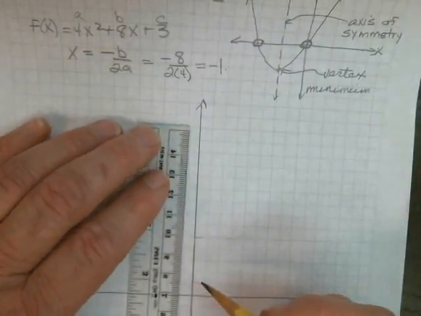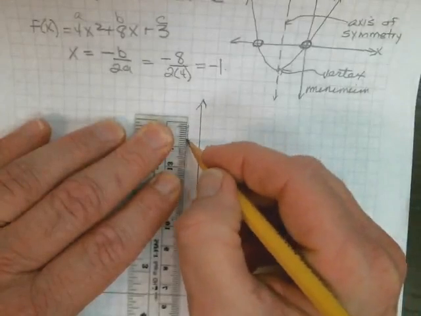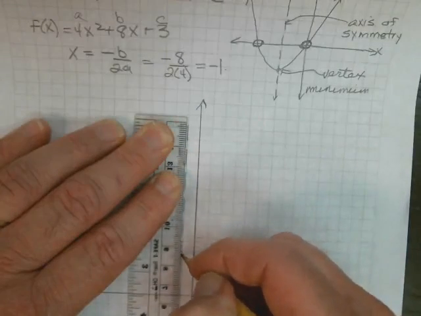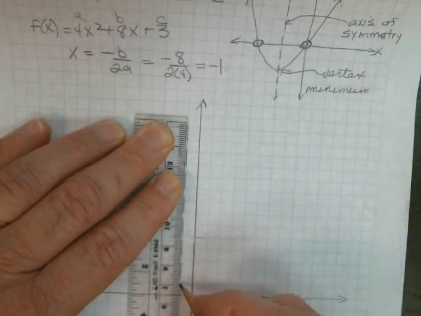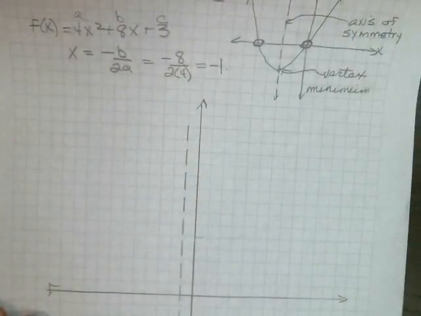And so I know, first of all, that my axis of symmetry is -1. So I'm going to go here, and at my -1, I'm going to draw a dashed line. It's a dashed line because the axis of symmetry is not really part of the parabola we're graphing except at the minimum here, the vertex. Okay, so there's my axis of symmetry.